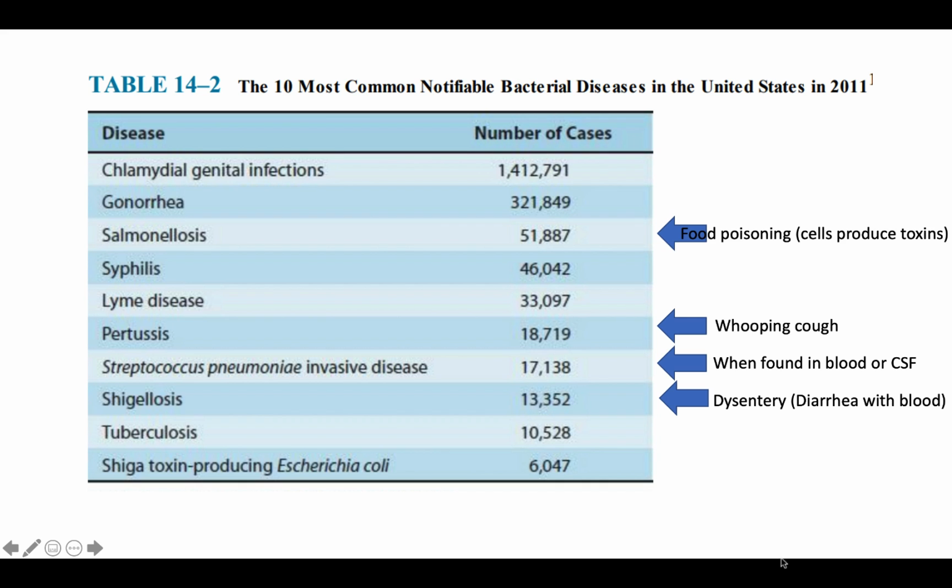There is always a public health section, especially in the US and the UK, that you always have to notify, and then they do contact tracing for partners. Salmonella, because it might cause an outbreak. Syphilis, it's still present. Lyme disease in the US and in parts of Europe. Pertussis, invasive pneumococcal disease, shigellosis, much like salmonellosis, and TB as well. And we will talk about hemolytic or Shiga toxin producing E. coli.